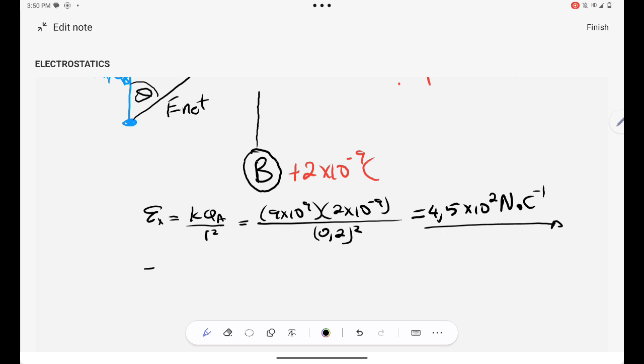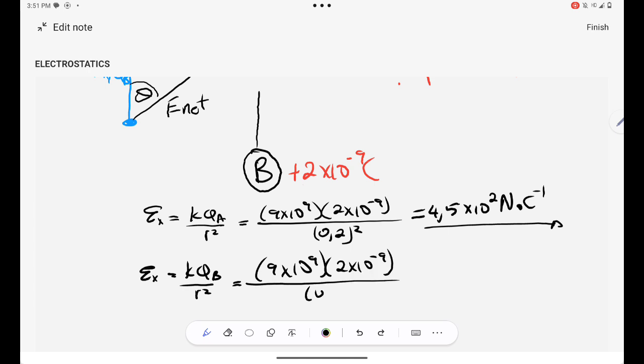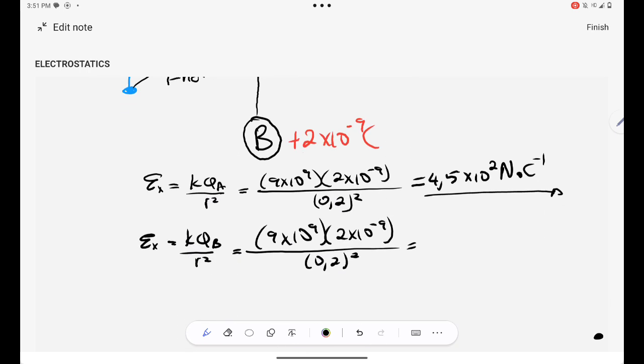Okay, and now let's find the electric field at point X due to charge B. It's still K QB over R squared, 9 times 10 to the power 9. The charge on B is also 2 times 10 to the negative 9, all over, it's not 0.2 now, the distance now is 0.3 meters.